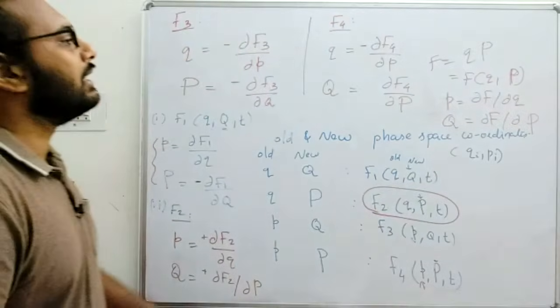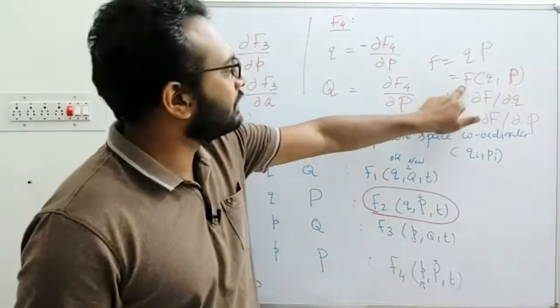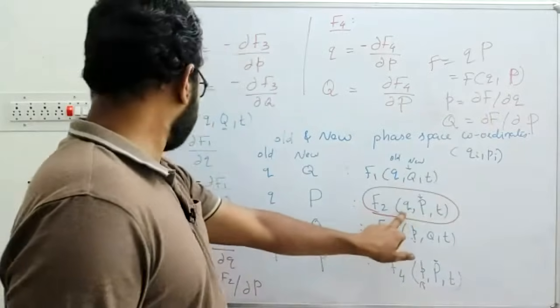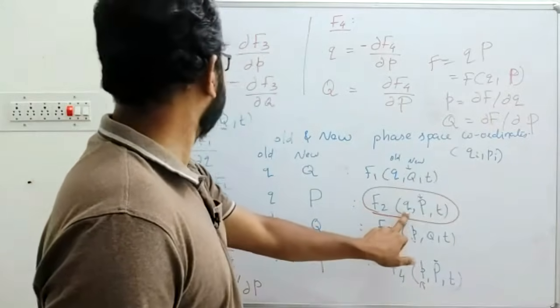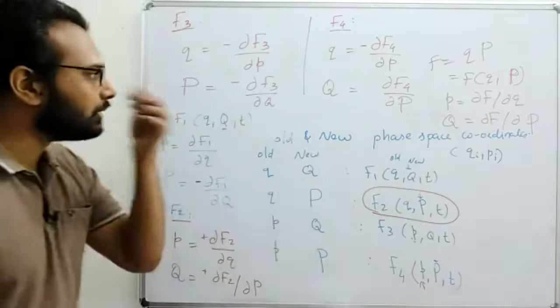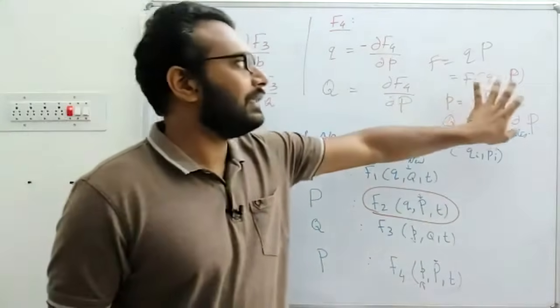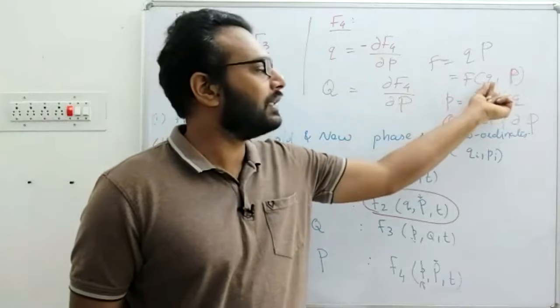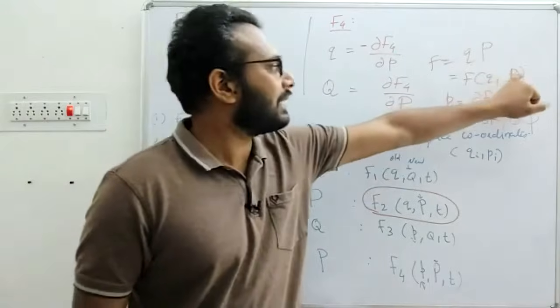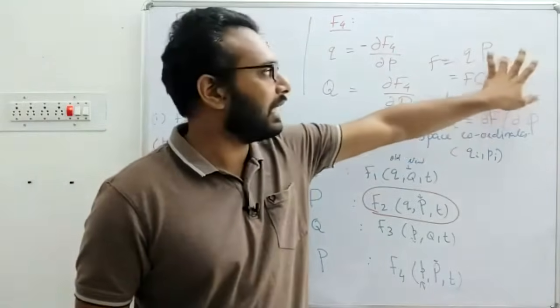Now, incidentally, you may identify this as what is this? This is q with p. Q p. It's f2. Am I right? It's f2. But you don't even need to identify this. You just arrange it in such a way that the first argument is the old coordinate or momentum, whatever it is, and the second argument is the new thing, whatever we have here.